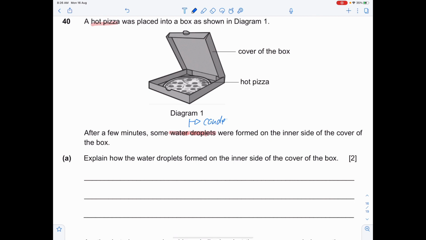From the pizza to the surrounding is reduced. So what I want to see is really directional. I need to see from where to where. I need to see that air is a poor conductor. So this is a bit of a cause and effect. Alright?